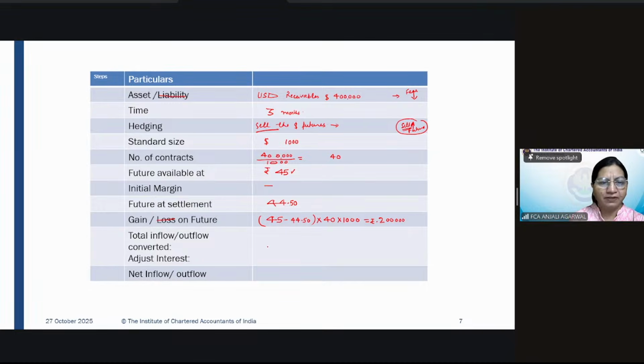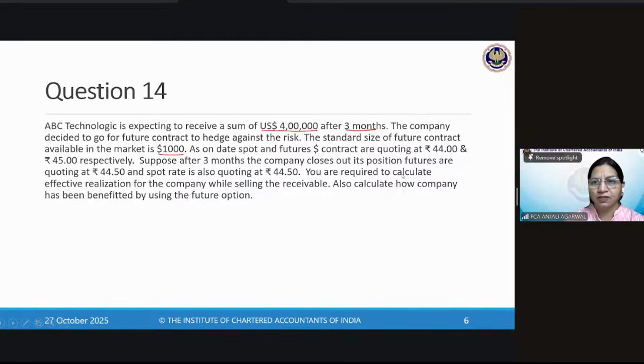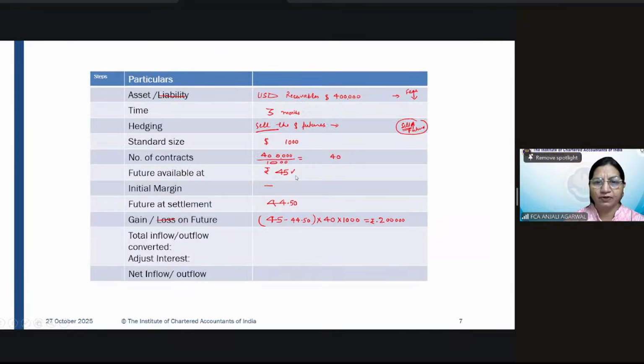So what will happen after you have received the dollars? Dollars will actually be sold in the spot market only. What is the spot quoted at? 44.5.